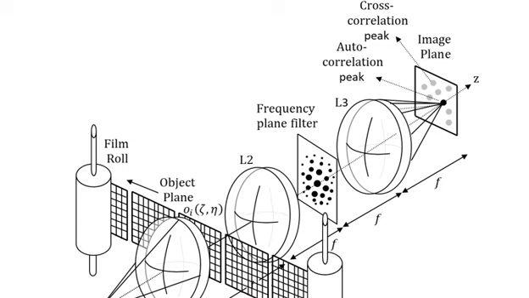When the plane wave is generated, it means that all the phase factors corresponding to the inverse Fourier transform will be cancelled out automatically. So that plane wave will reach the lens L3. The lens L3 will generate the inverse Fourier transform of that plane wave, and that plane wave will then be focused at the image plane.